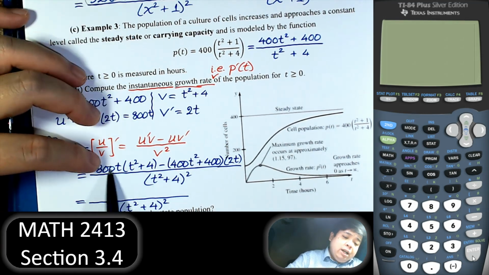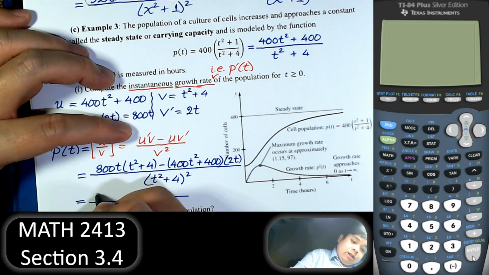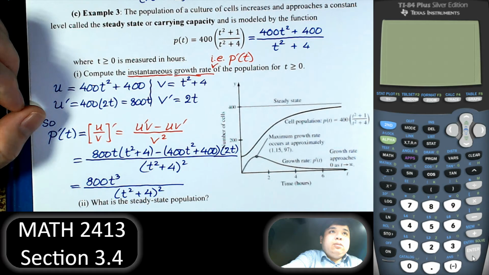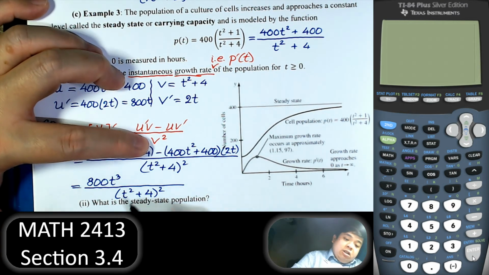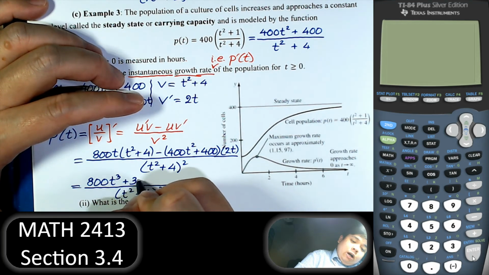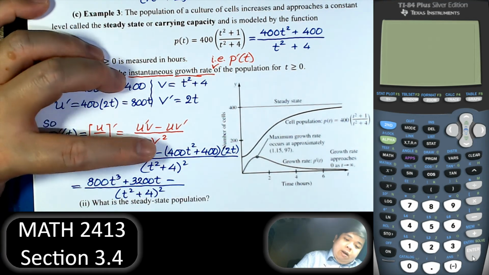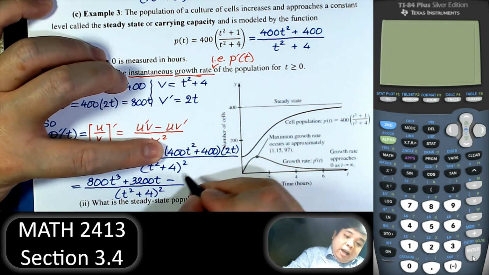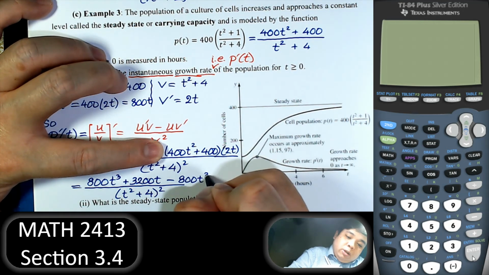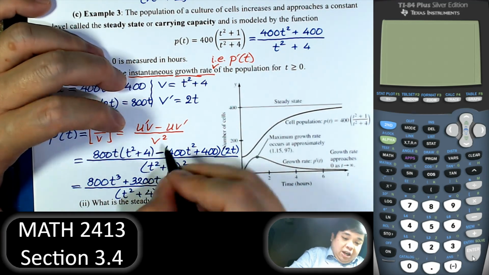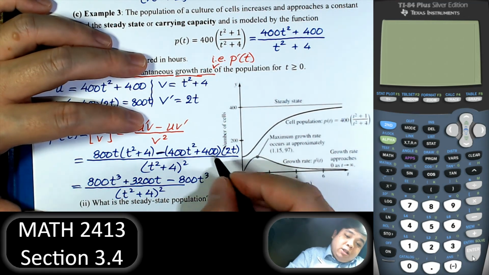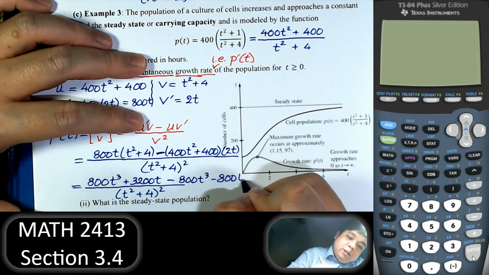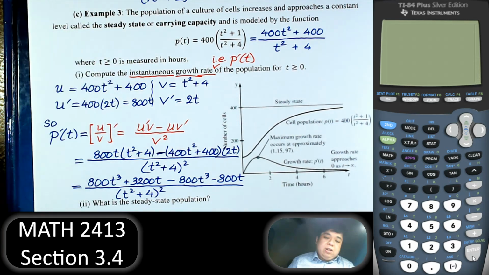Right, multiply them out. 800t times t squared, that's 800 t cubed. 800 times 4 is 3200t. Minus 2 times that is 800 t cubed with the negative like that. I don't emphasize enough: be mindful with that negative sign. And 400 times 2t. That. Right.